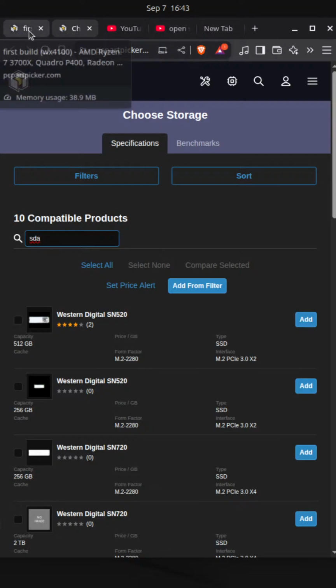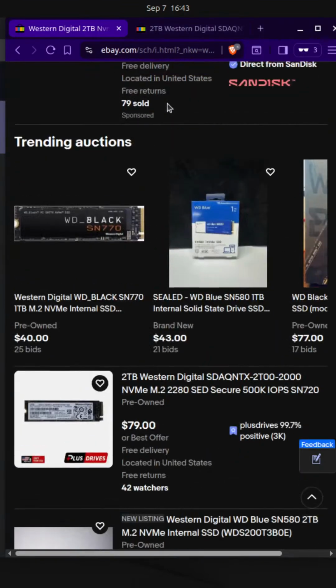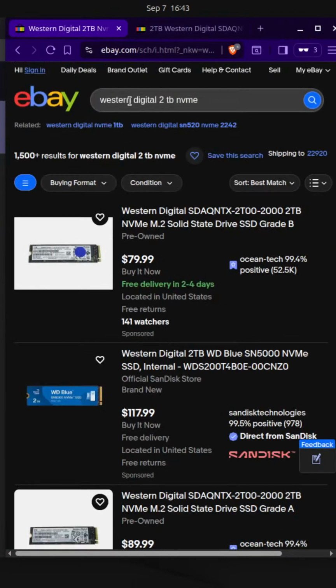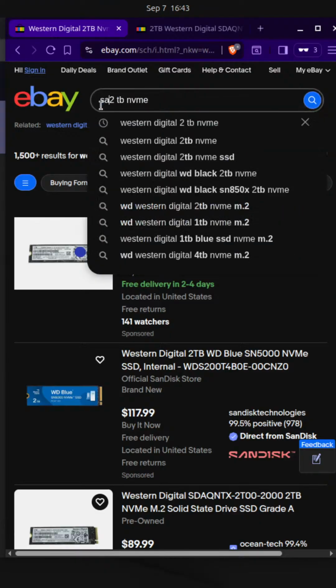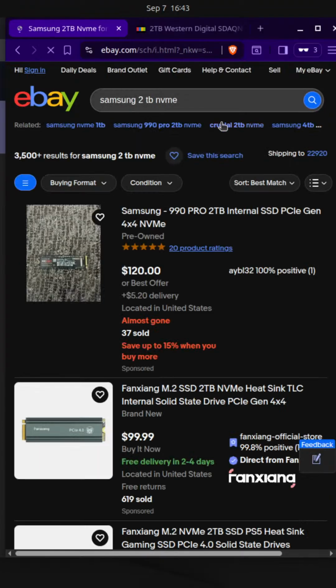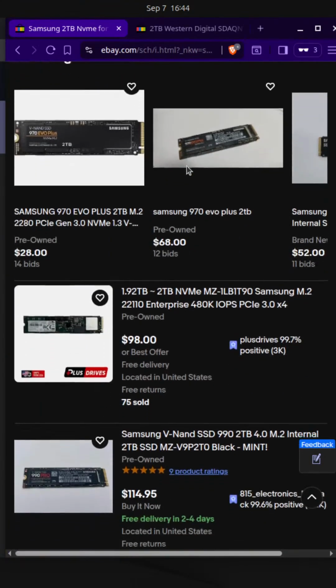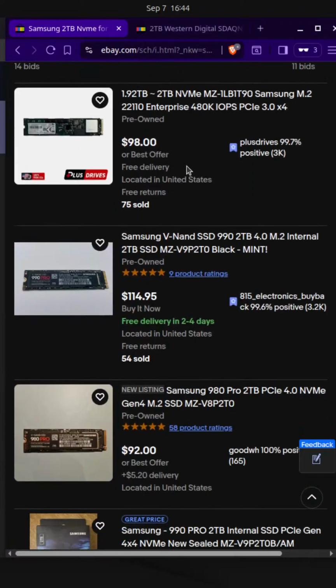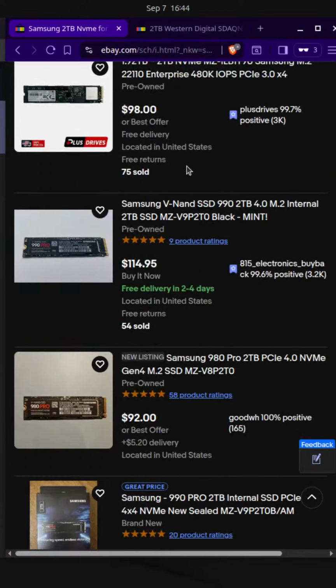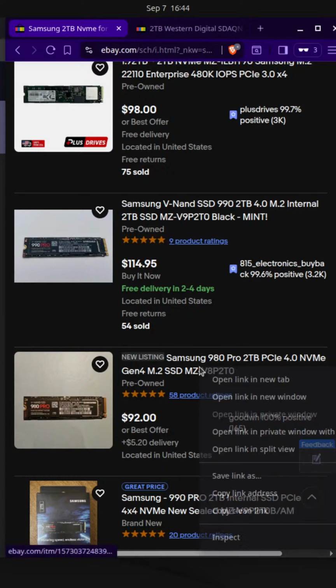Odd. Okay. Guess I wasn't typing it in wrong. So it's between this one and, we'll go, Samsung. Where's this one? Well, here's another one. I like that one. Is that one OBO too?